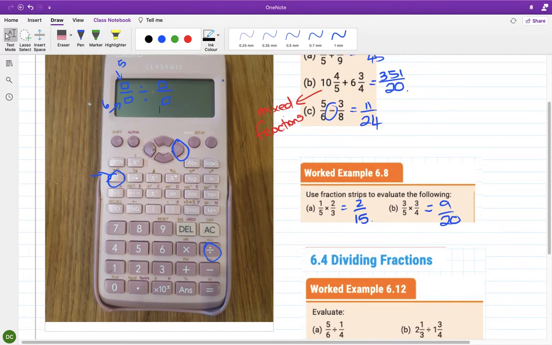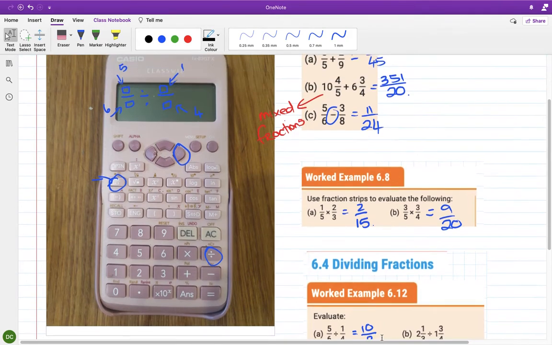Second fraction is a quarter, so that's going to be 1 on the top and 4 on the bottom. So 5 over 6 divided by 1 over 4, and we get 10 over 3.